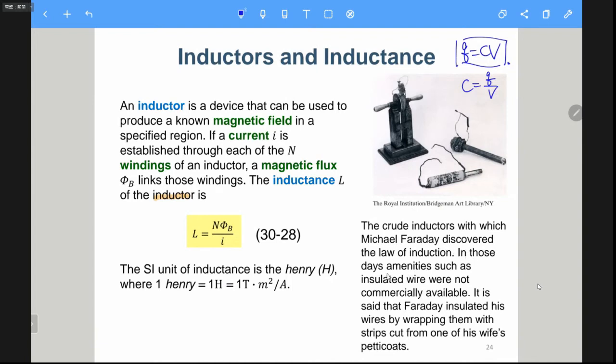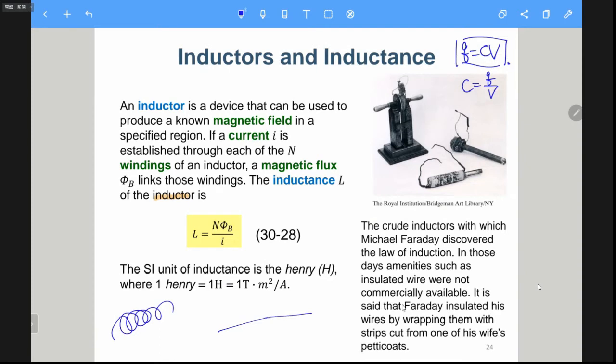In those days, amenities such as insulated wire were not commercially available. You can only find a wire, but if you try to make it into a solenoid, then the turns will touch each other, which is not what we want.